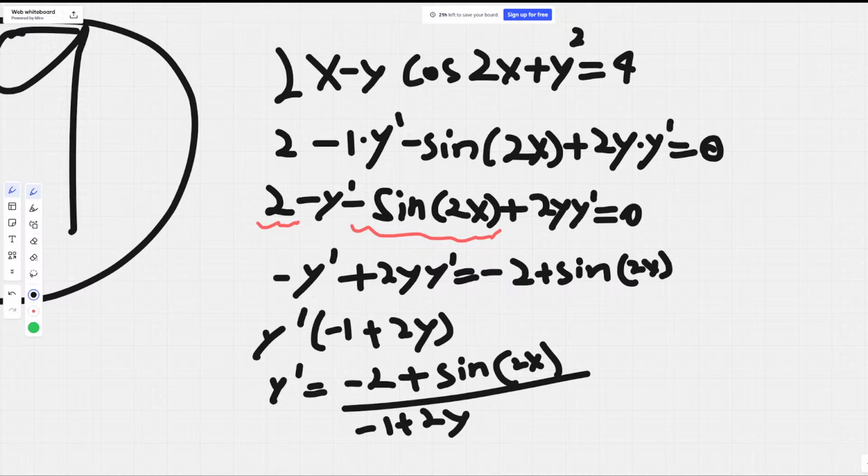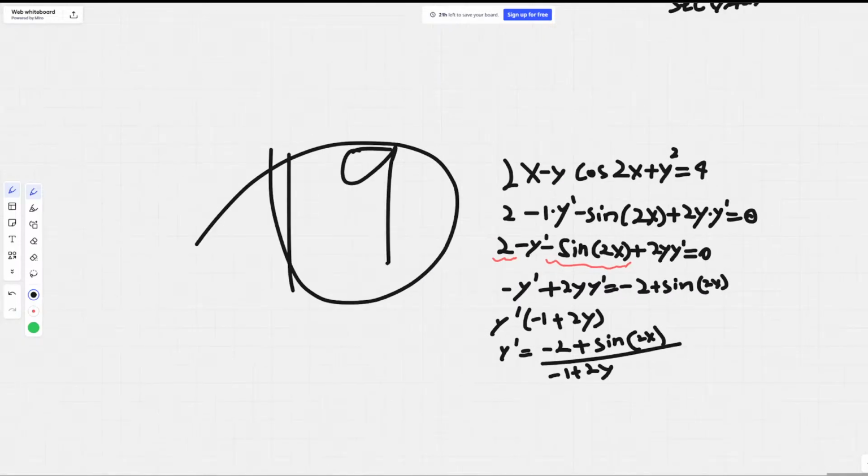Thus then equals minus 2 plus sine 2x all over negative 1 plus 2y. That's the one, I'd say.